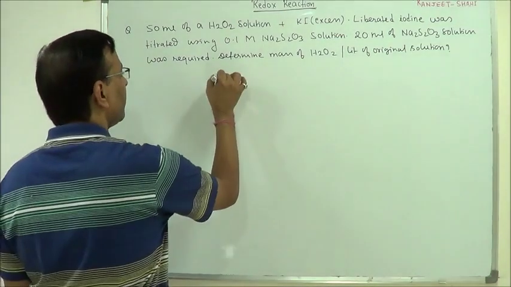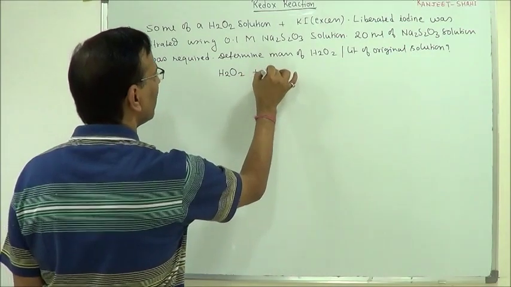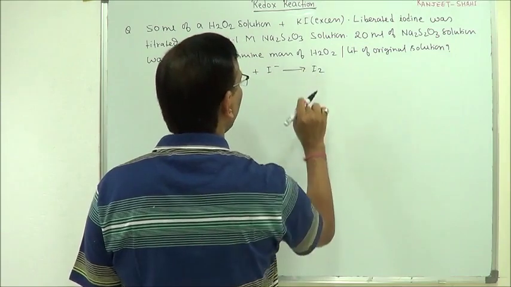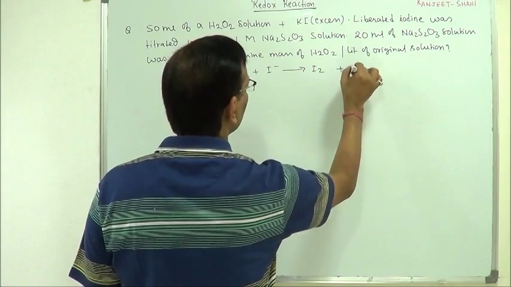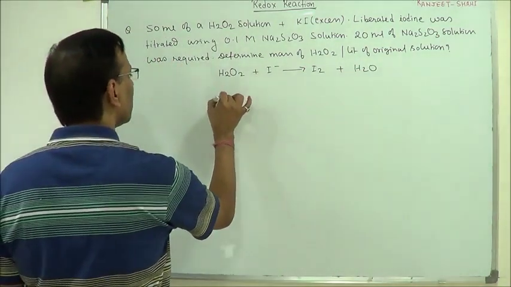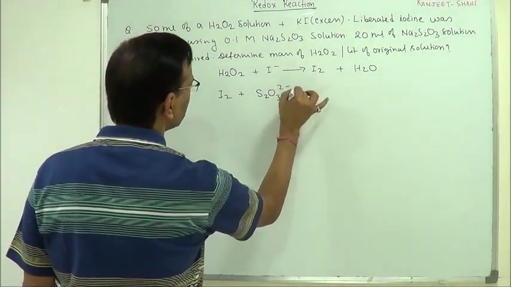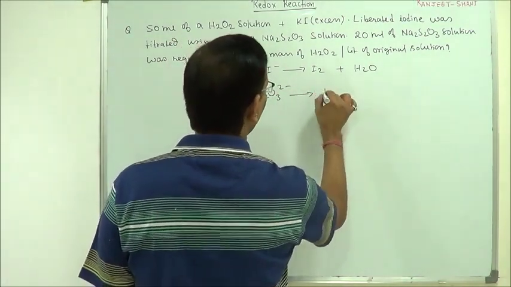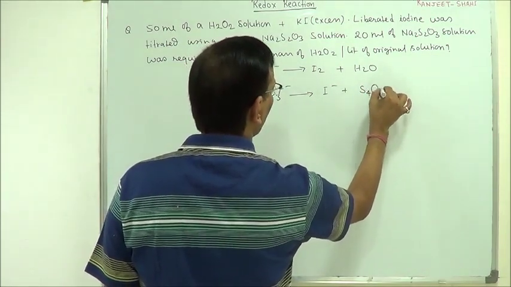So in the first step, H2O2 is reacting with iodide ion, where iodide is converted into iodine, and H2O2 into H2O. And that iodine is being titrated with S2O3 2-, where it reduces iodine to iodide, oxidizing itself to S4O6 2-.